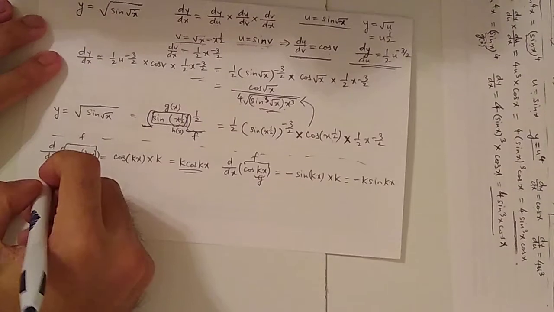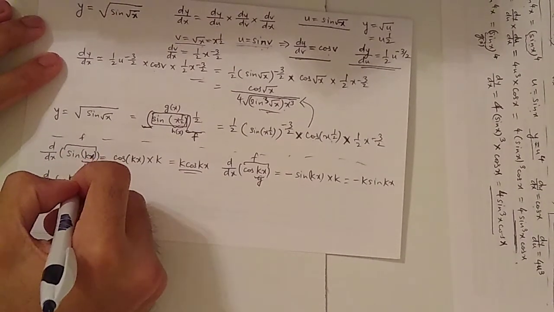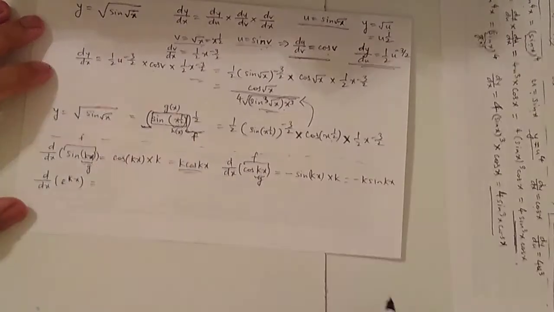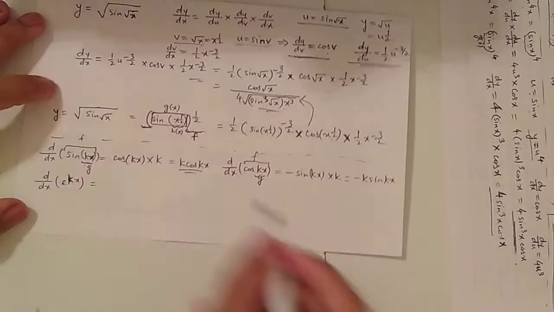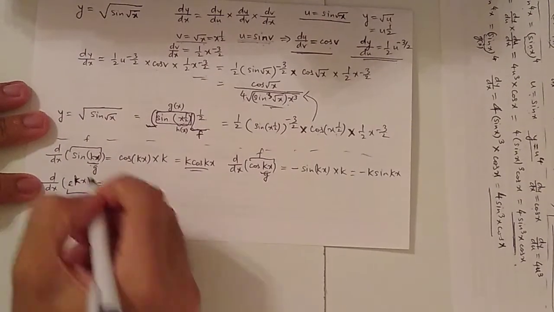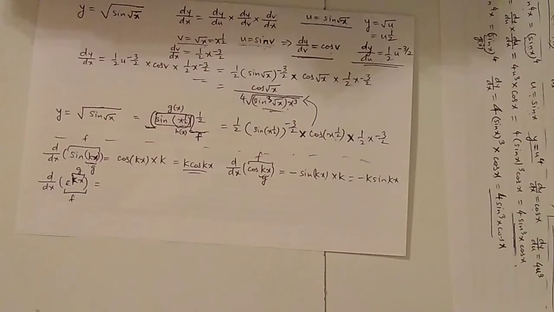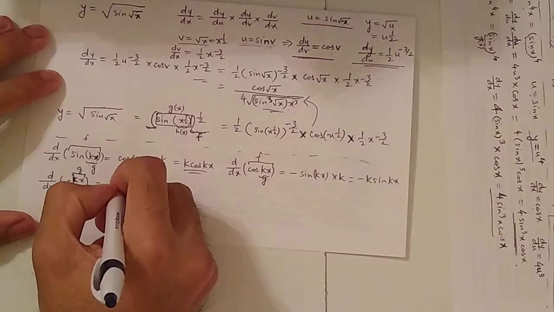In a similar way, if you differentiate d by dx of e raised to kx, the outer function is e, the inner function is kx. If you differentiate the outer function e raised to kx, it simply becomes e raised to kx.